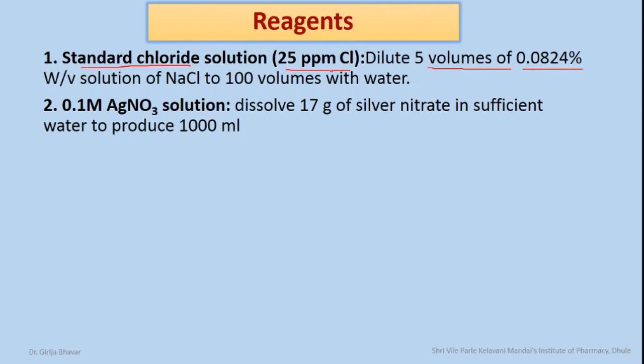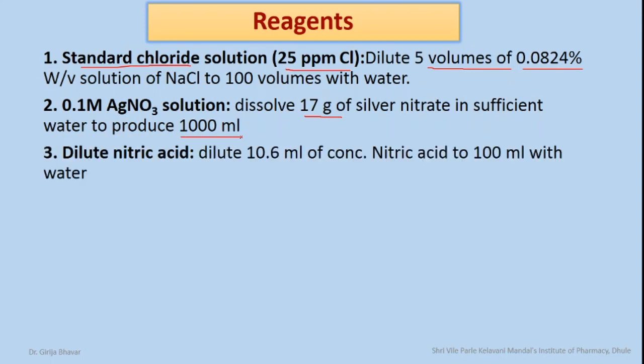The second reagent is 0.1 molar silver nitrate solution. It can be prepared by dissolving 17 gram of silver nitrate in water to produce 1000 ml of solution. Another reagent required is dilute nitric acid. It is prepared by diluting 10.6 ml of concentrated nitric acid to 100 ml with water.